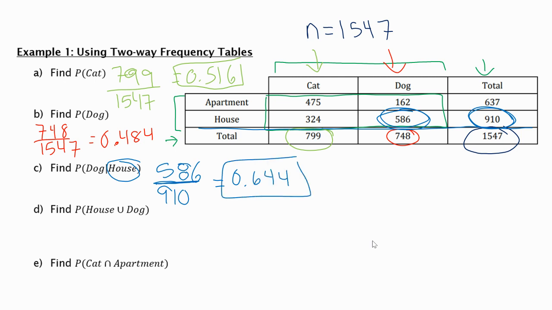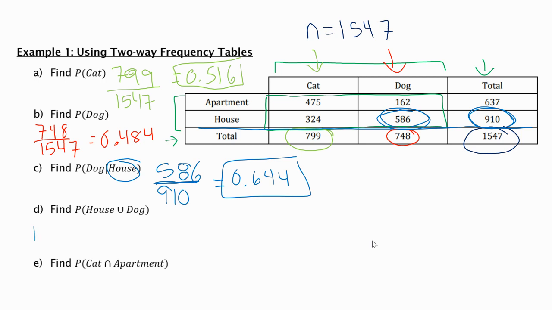For part D, it's asking for the union. We want to be careful here. We're looking at the probability of a house or a dog, but we don't want to count anything more than once.